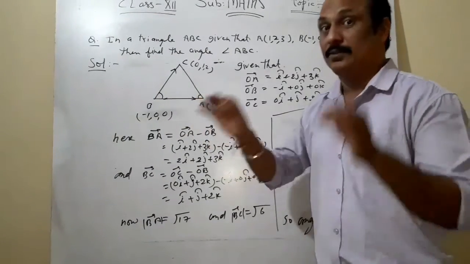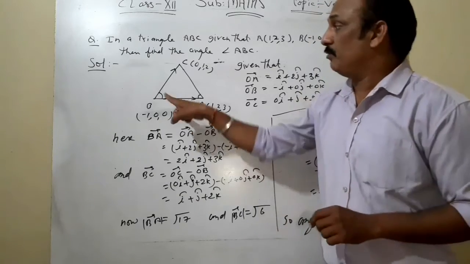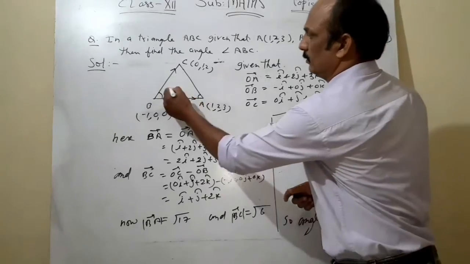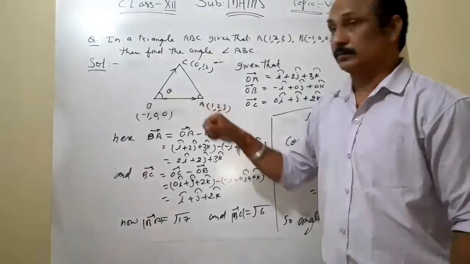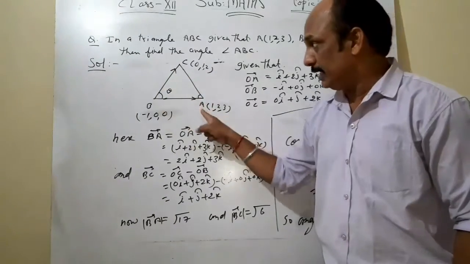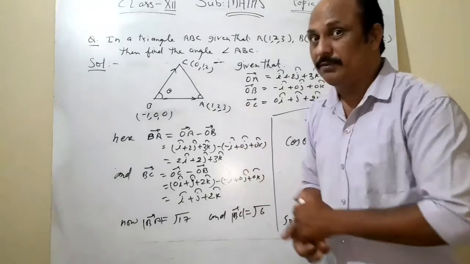For that we all know that if we want to find this angle theta, these vectors BA and BC must be co-initial vectors.